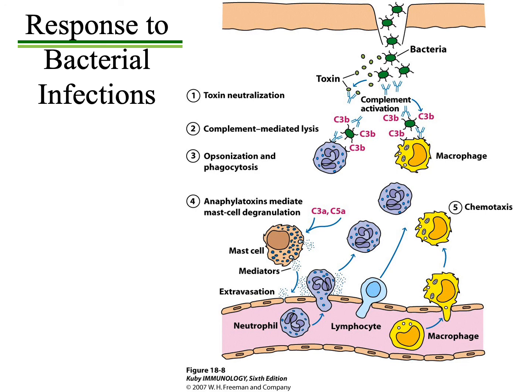What we know does occur in response to an infection is that toxin neutralization can in fact occur. There is also complement-mediated cell lysis that takes place, again specifically targeting cells for phagocytosis. Opsonization and phagocytosis occur in response to antibodies that can specifically bind to the pathogen.